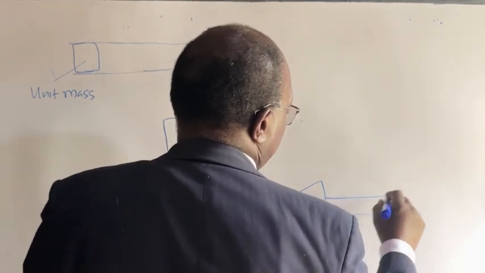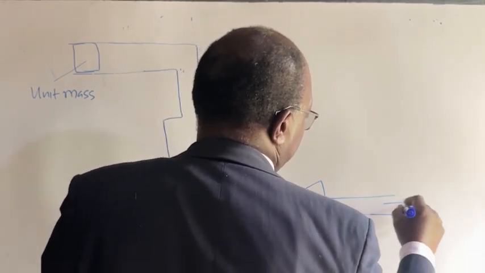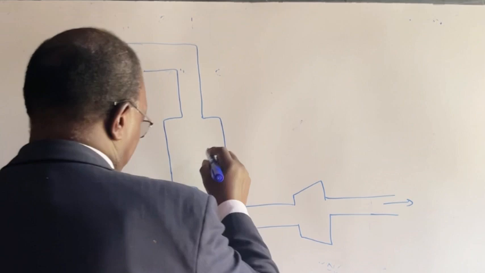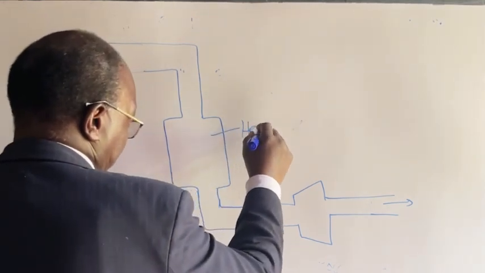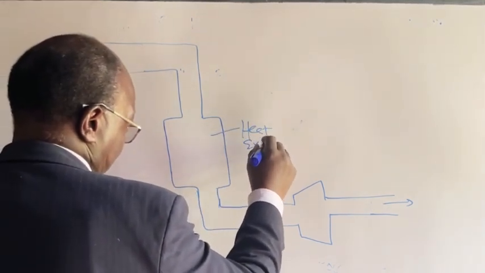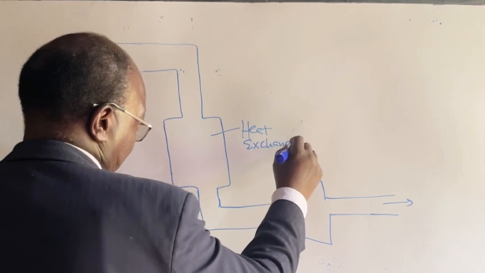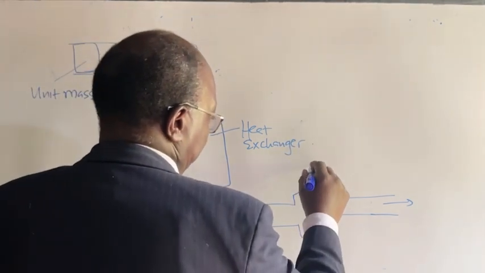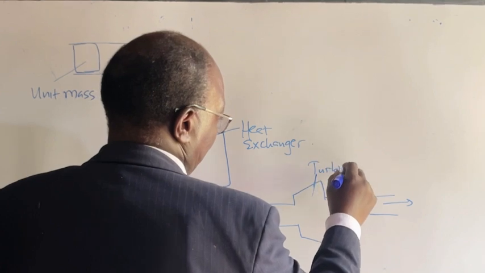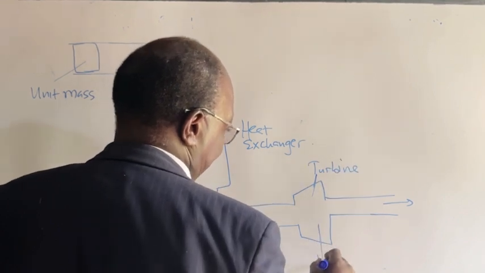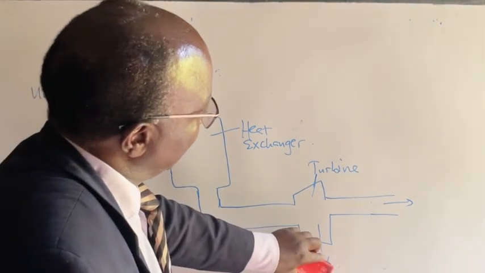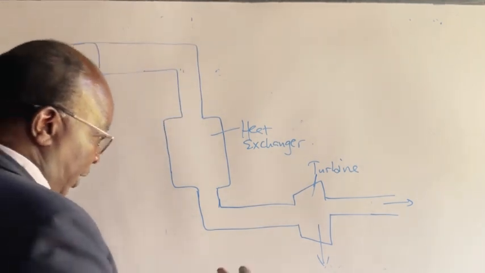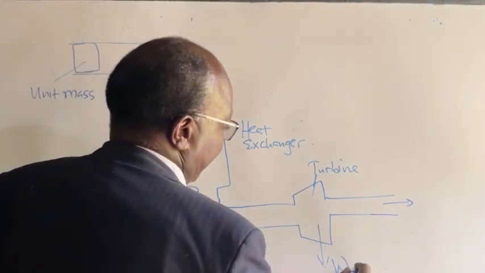That's our turbine. And then we have the exit. So this is our heat exchanger. This is our turbine. Could be work done, could be shaft work. Normally involves reciprocation or rotation. Let's call it W shaft.